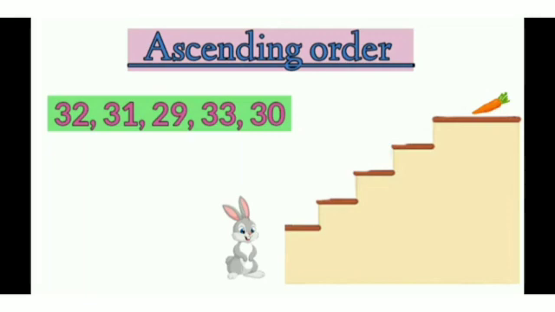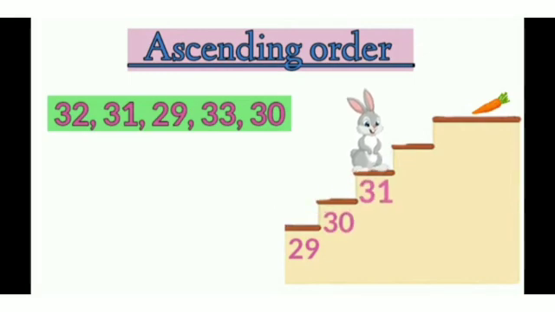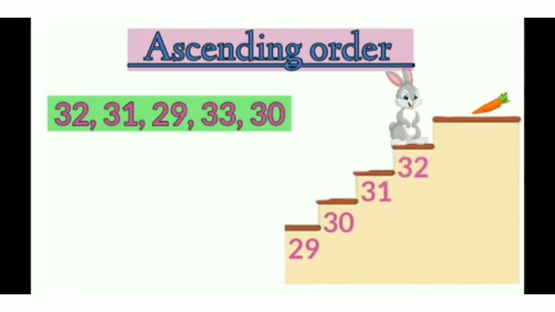Alright beta, 29 is the smallest number and it comes on the first stair. After 29, which number comes? Yes, 30. Then 31. After that, 32, followed by 33.